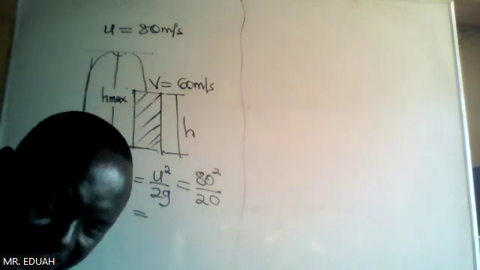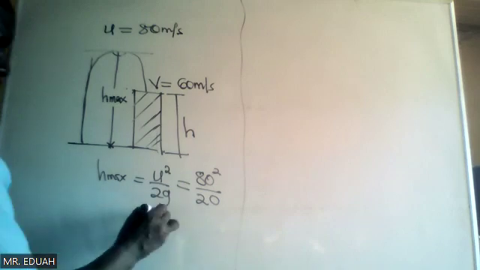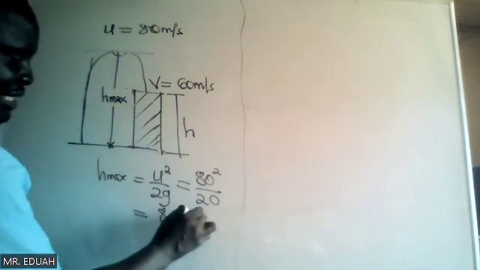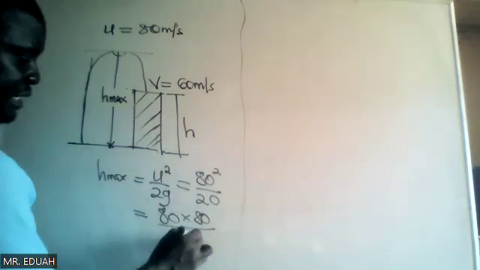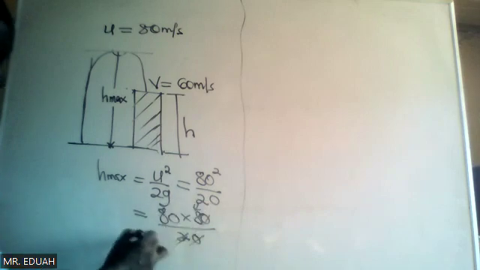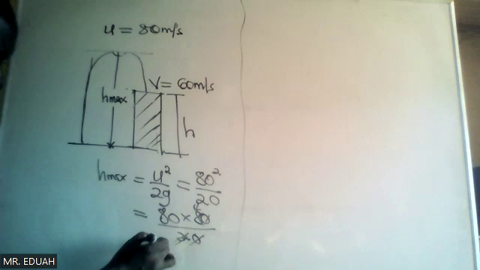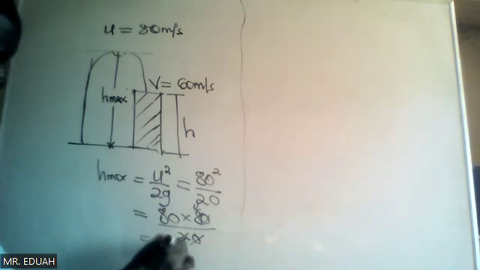320 meters. Okay, let's have somebody else confirm. 80 by 80 over 20. 2 goes here, 4. 4 by 8 is 32. So 320. Thank you.